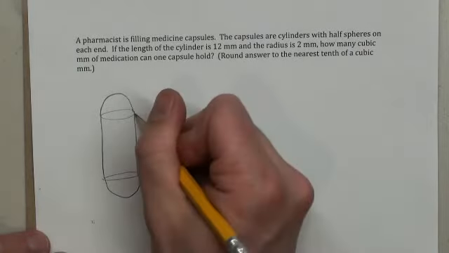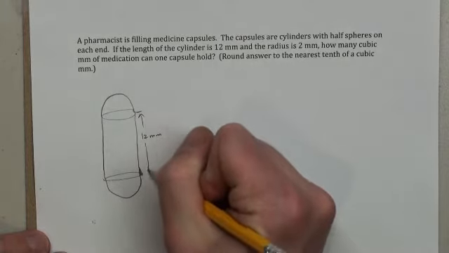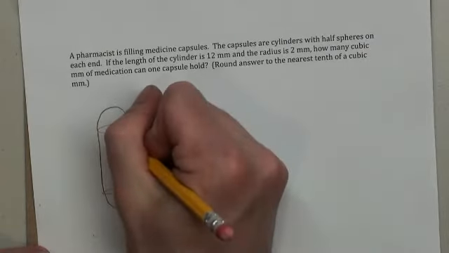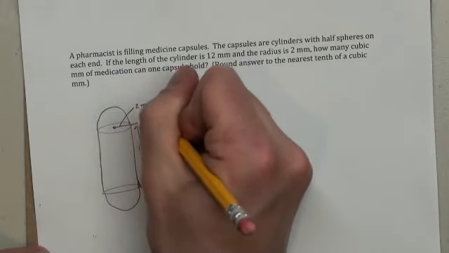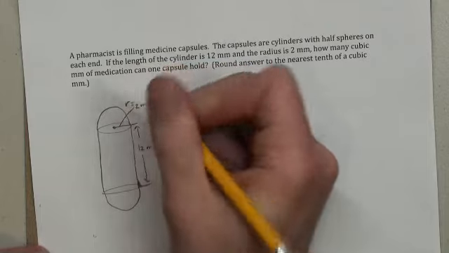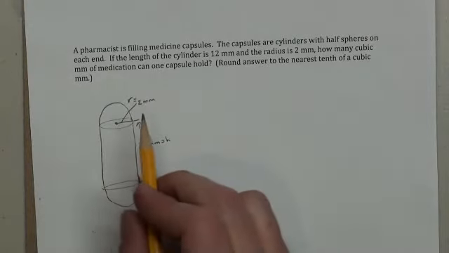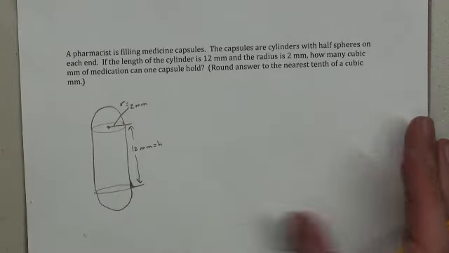The length of the cylinder is 12 millimeters and the radius is 2 millimeters. How many cubic millimeters of medication can one capsule hold? Round answer to the nearest tenth.